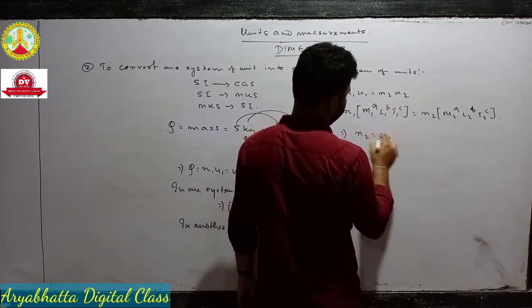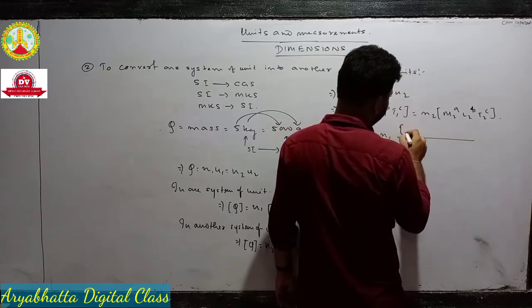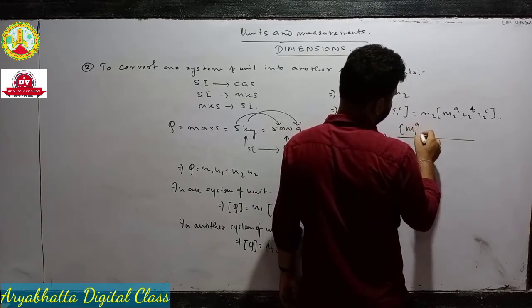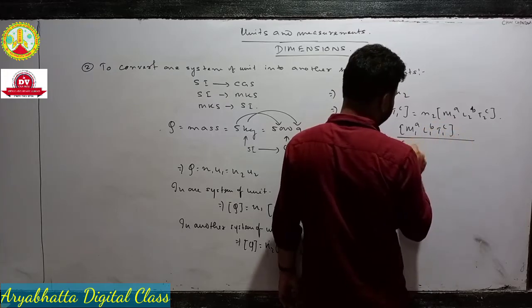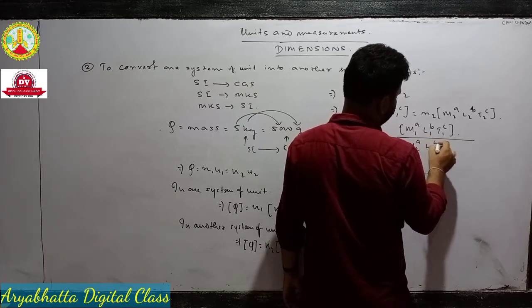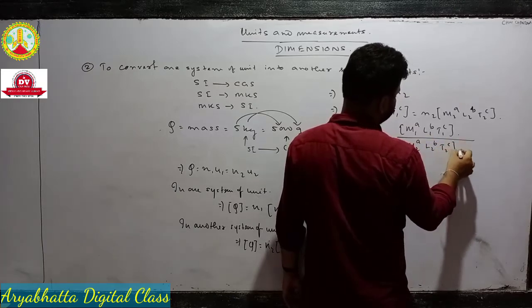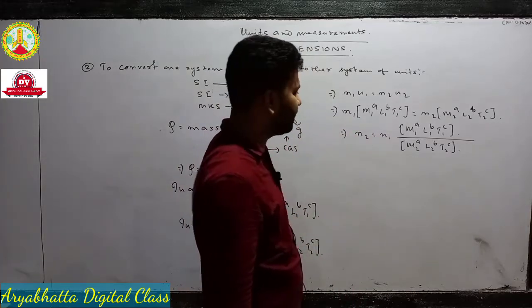N2 will be N1 into M1 to the power A, L1 to the power B, T1 to the power C, divided by M2 to the power A, L2 to the power B, T2 to the power C. Okay? Simply the cross multiplication.